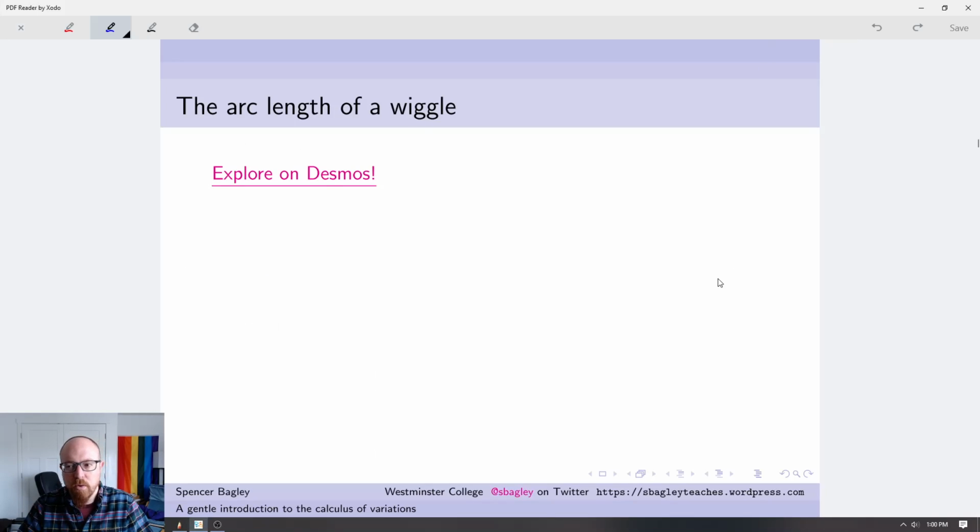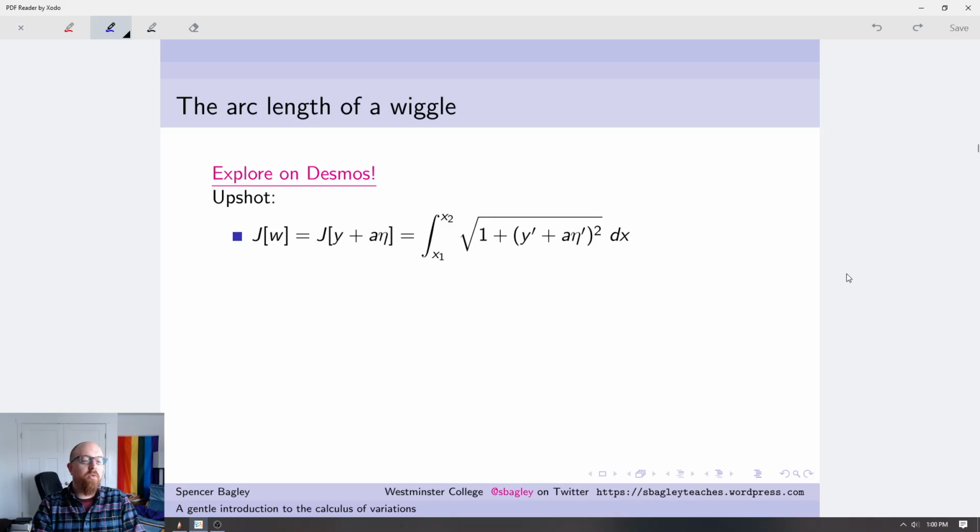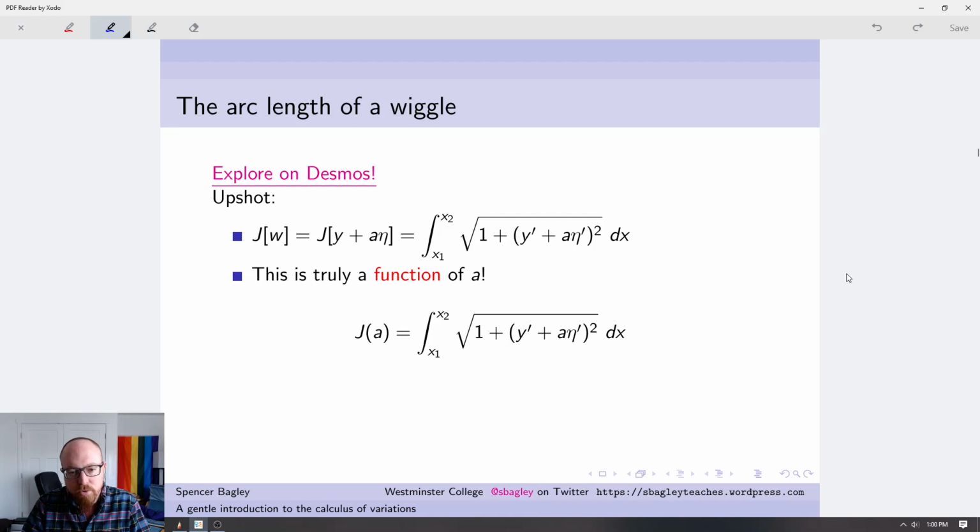So that's what's going on here. And here's my point. If I throw the wiggle into the functional, here's what I get. And truly, this is a regular, plain old R to R function of a, the amount of wiggle, of variation, that is. So I can write it literally as J as a function of a, and here is what it would be.